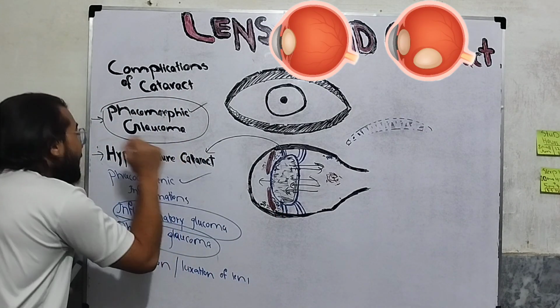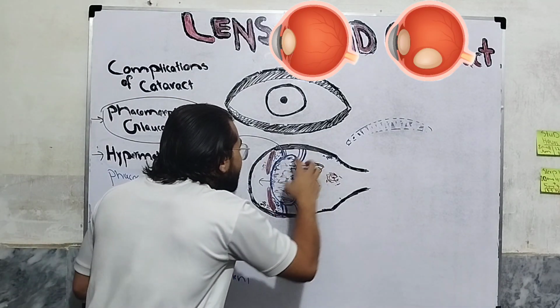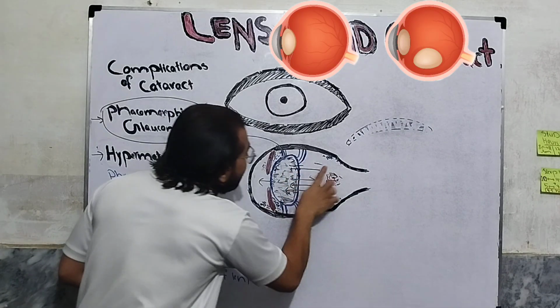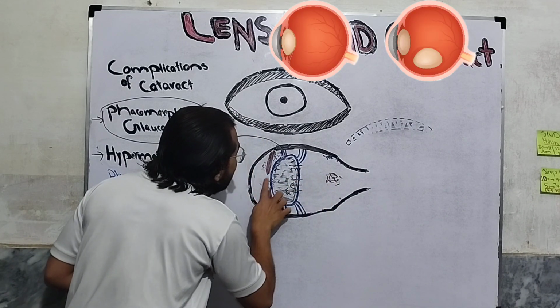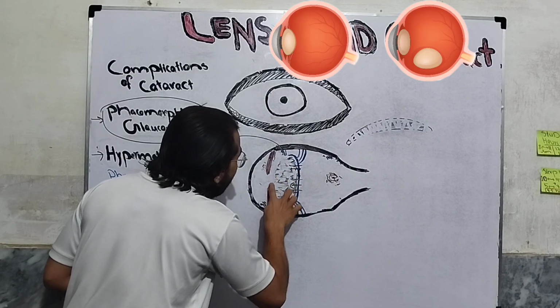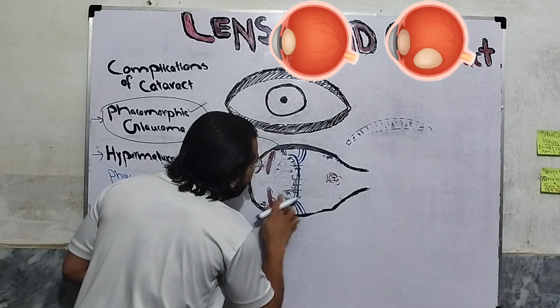And now this hypermature cataract can do another thing, which is that ultimately all of the proteins will come out of this lens, and the lens will shrink, because most of the protein has gone.